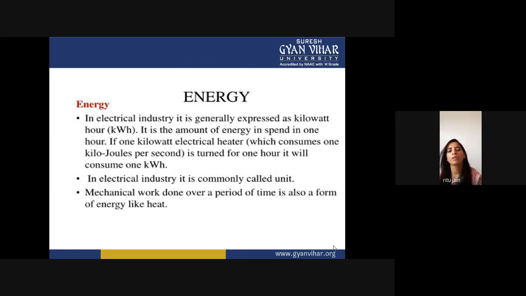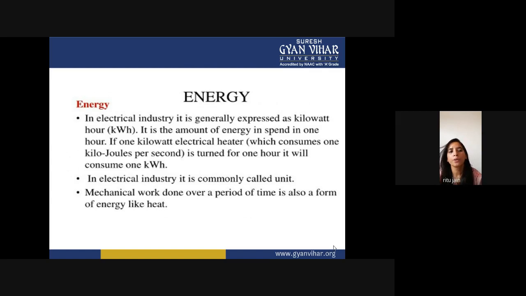Okay. Suppose you have 10 bulbs in your room, and the rating of each bulb is 100 watt. If you turn on these bulbs for 1 hour, how much energy will be consumed? 10 bulbs of 100 watt: 10 into 100 watt will be 1000 watt in 1 hour, or you can say 1 kilowatt hour.